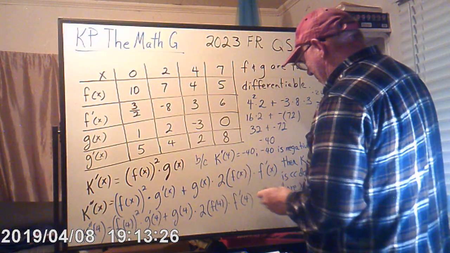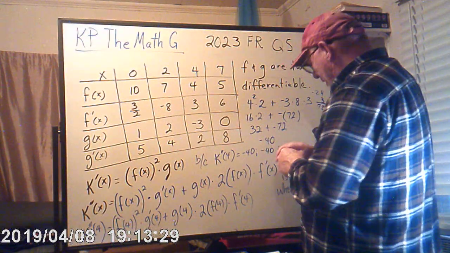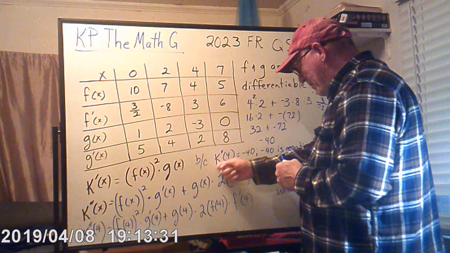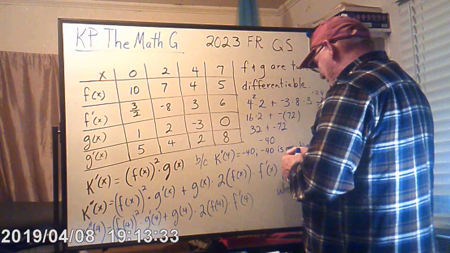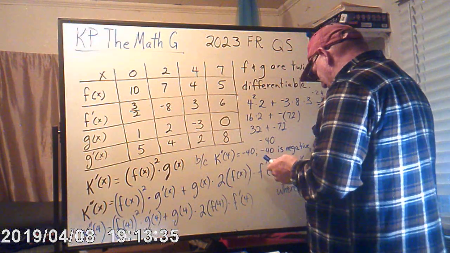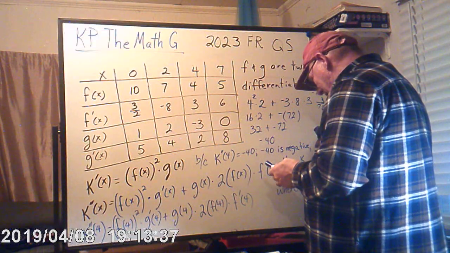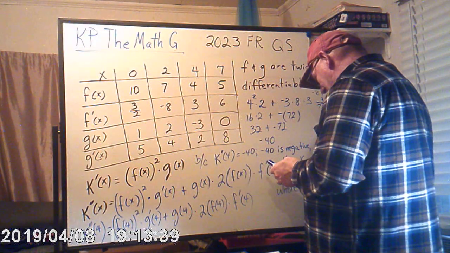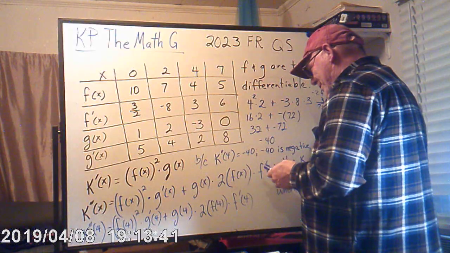And that's what you really want to say. F double prime of 4 is negative 40, negative 40 is negative, then the function K is concave down where x is equal to 4.